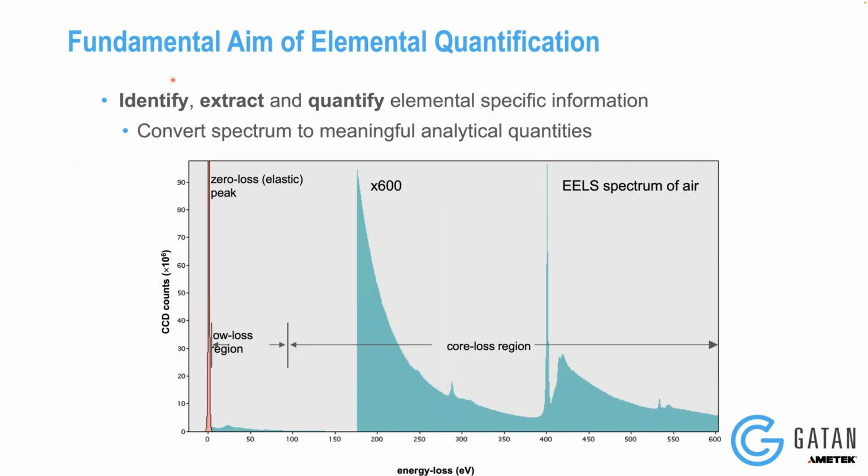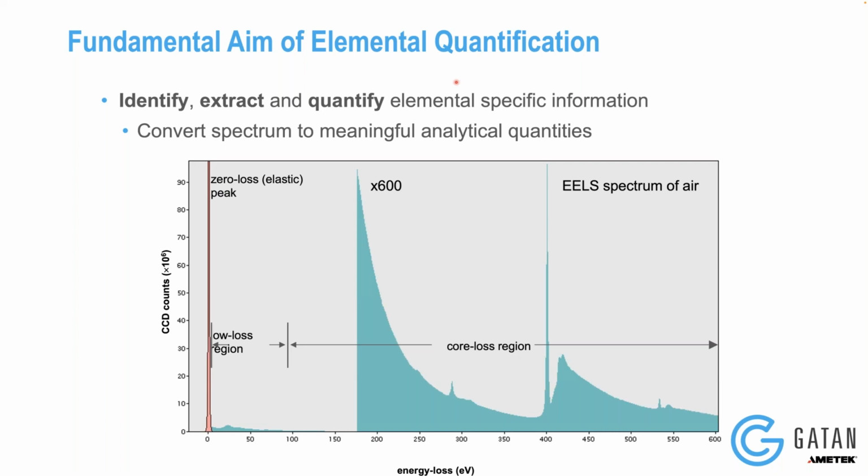Essentially, we need to identify, extract, and quantify element-specific information from our energy loss spectra, and we need to convert that spectrum into meaningful analytical quantities. Primarily, when we're doing quantification, we're targeting features in the core loss region of the spectrum, so ionization edges.